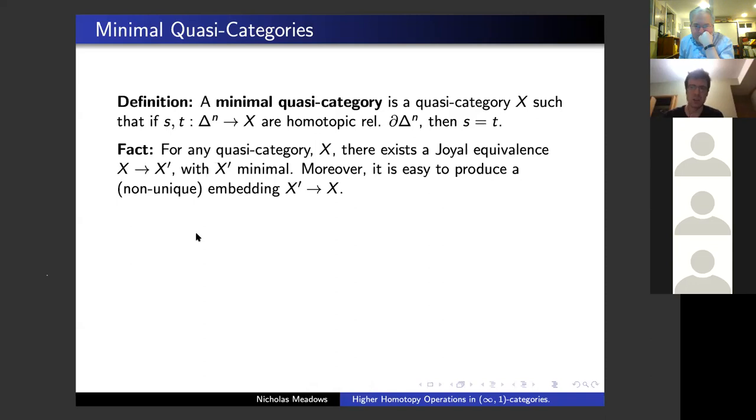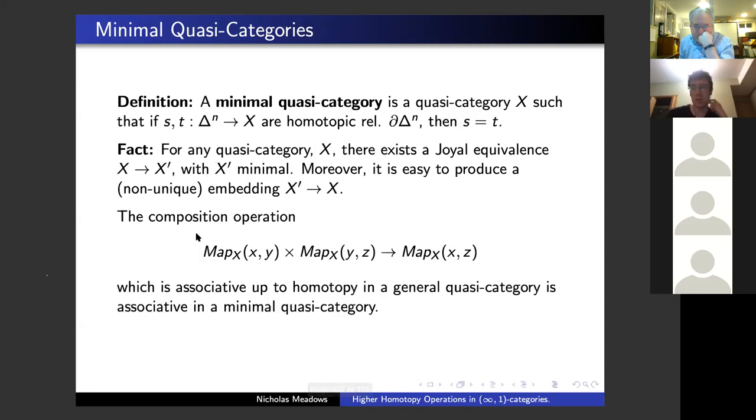We can also produce, in a highly non-unique way, an embedding of the minimal model of X into X. The reason we want to work with minimal quasi-categories is that the composition operation, which is usually only associative up to homotopy in general, becomes strictly associative in a minimal quasi-category.